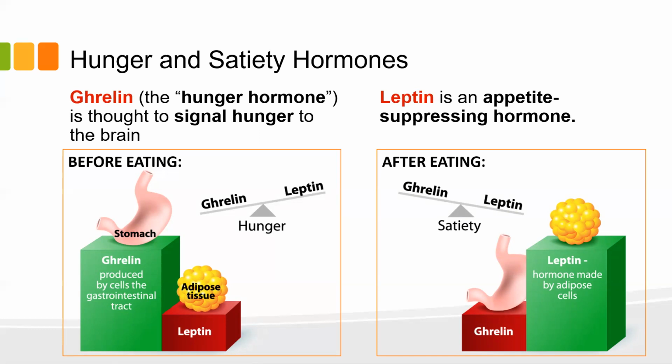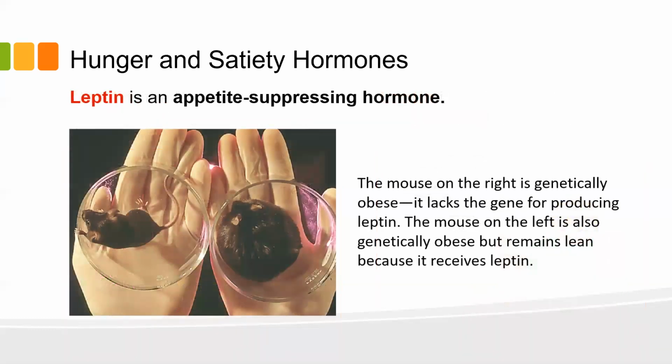I'm not going to go into any more detail on these, but I'll show you one study that was done in mice. You can see that, like I said, there might be some promise someday with trying to figure out if we can regulate these things in humans. In this case, both of these mice are genetically bred for obesity, and I don't really know what that means, but these strains of mice probably tend to overeat.